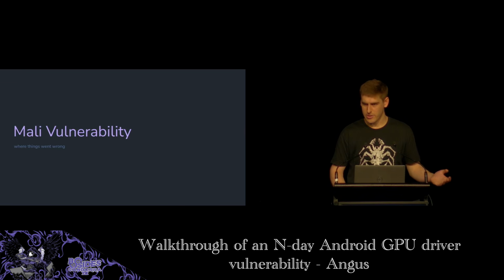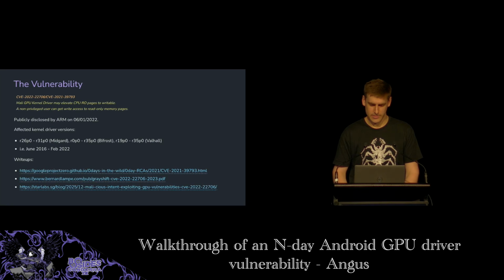So let's have a look at the vulnerability now that I've given you a bit of background. The vulnerability is CVE-2022-22706: Mali GPU driver may elevate CPU RO pages to be writable. A non-privileged user can get write access to read-only memory pages. It's not very descriptive. There's no description of what function the problem is or anything like that.